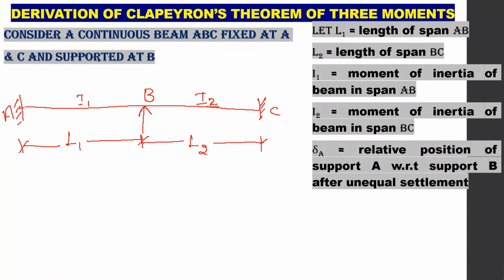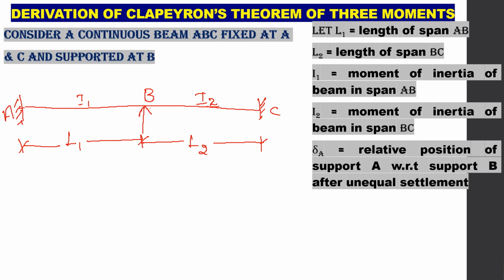Delta A is the relative position of support A with respect to B. That means when the support sinks, when the supports undergo some settlements. When we consider two consecutive spans, or three consecutive supports A, B, C, the center support is B, and the relative position is taken for the end supports.